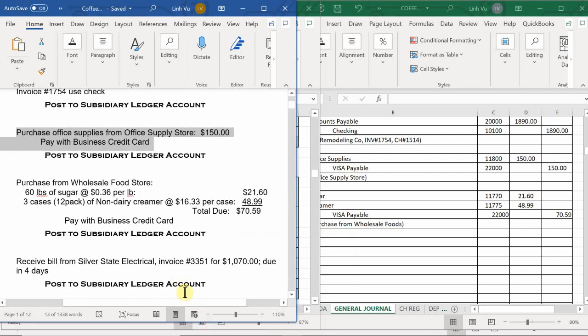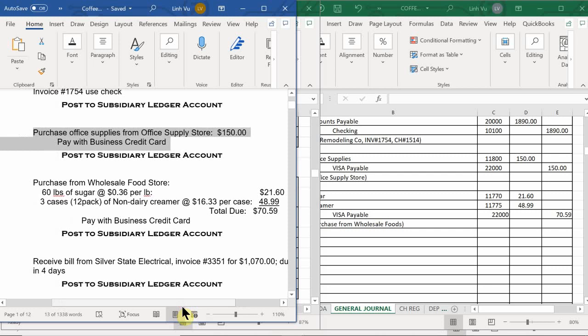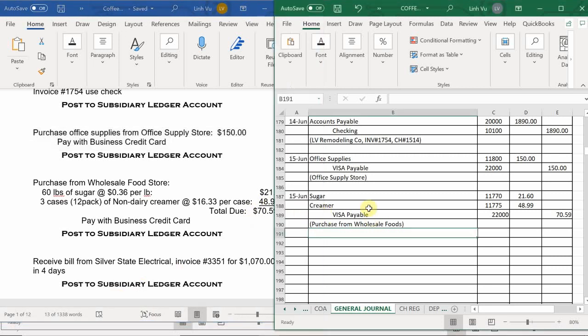Paid for with business credit card. Where does that credit card information go again? Where did you put it in your journal? In my journal, it is Visa payable.